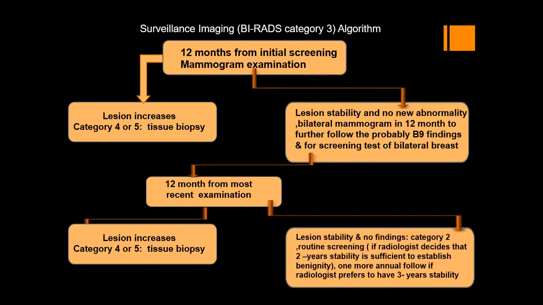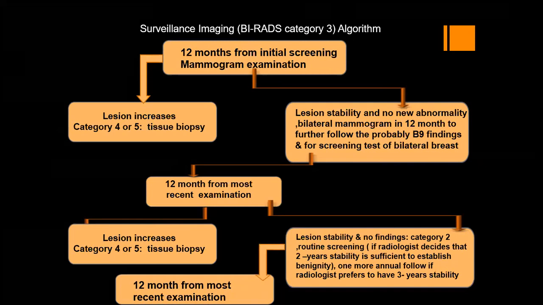Or if being stable with no new findings, it will be category 2, because it will be after 2 years. And optionally, if the radiologist would like to do another 1 year to establish the benignity, or to stop here, then after 12 months from the most recent examination will be performed.